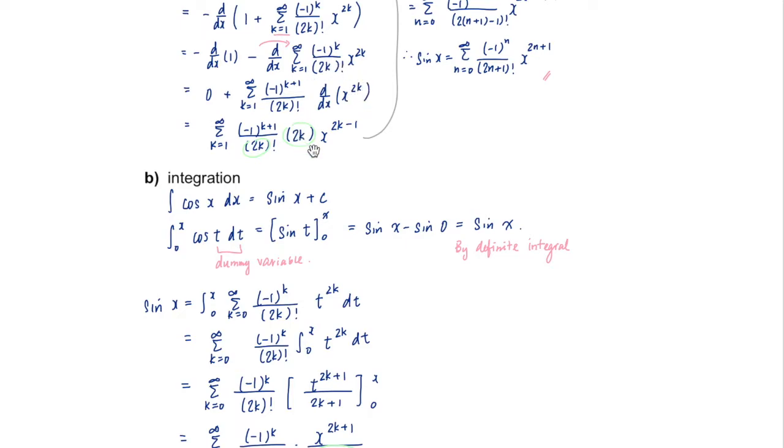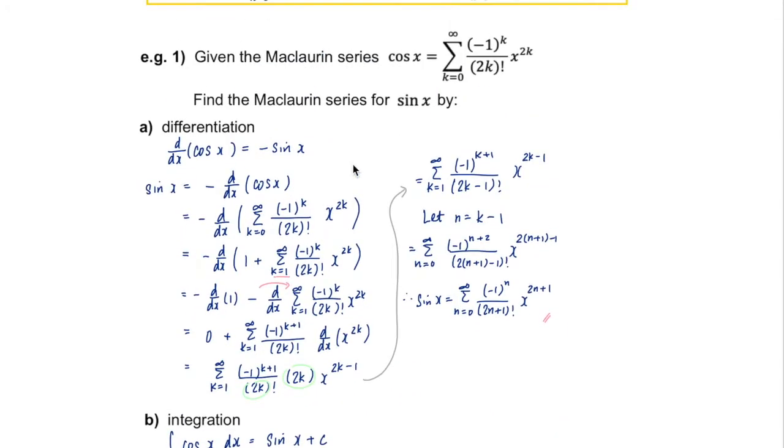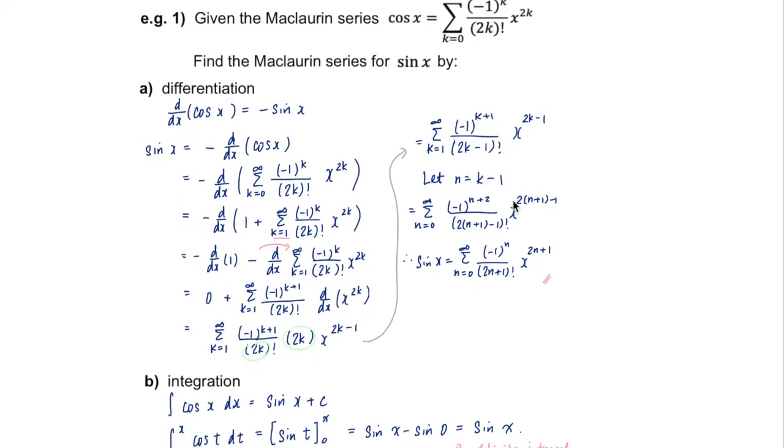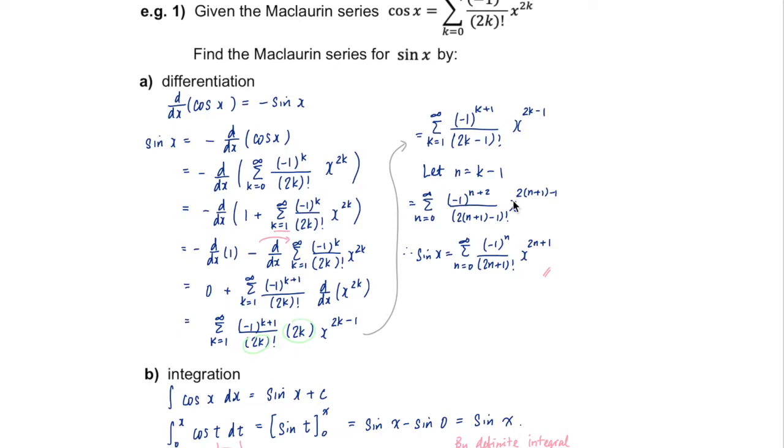We have 2k, the original exponent, multiplied by x to the power of 2k minus 1, which allows me to simplify the very first factor in the factorial, 2k factorial, right? Because 2k and 2k. Continuing, this takes me to 1 less than 2k in the factorial, which is 2k minus 1 factorial. And then there's no change here.